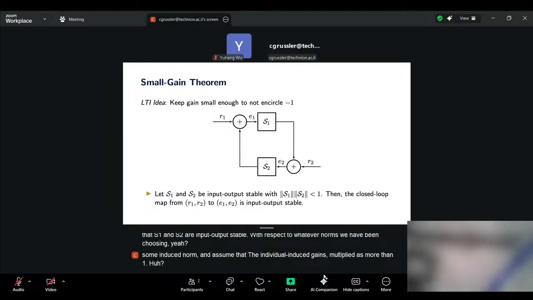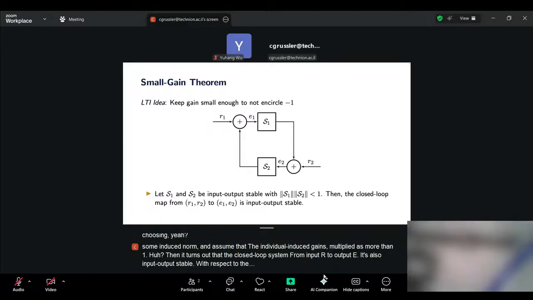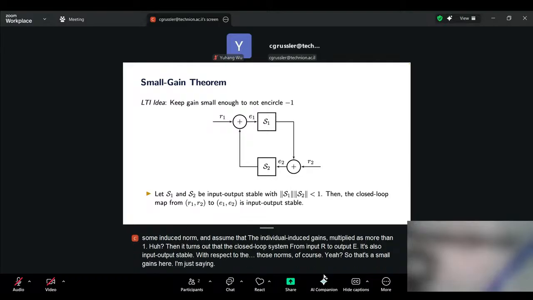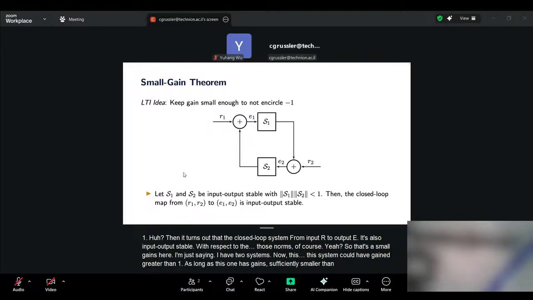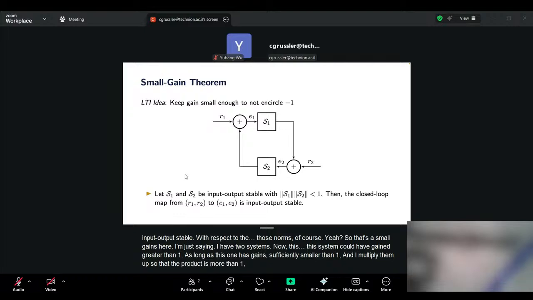Then it turns out that the closed loop system from input R to output E is also input-output stable with respect to those norms, of course. So that's the small gain theorem. Now, this system could have gain greater than 1, as long as the other one has gain sufficiently smaller than 1, and I multiply them so that the product is smaller than 1, things still remain stable. It kind of makes sense, right? One can make up for the other.